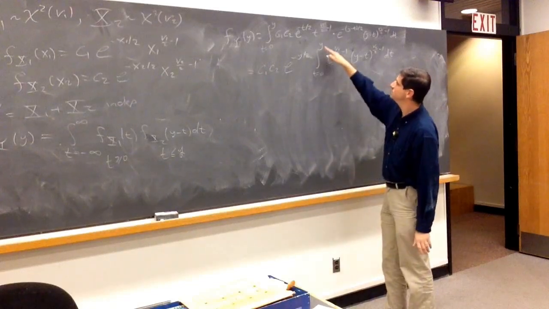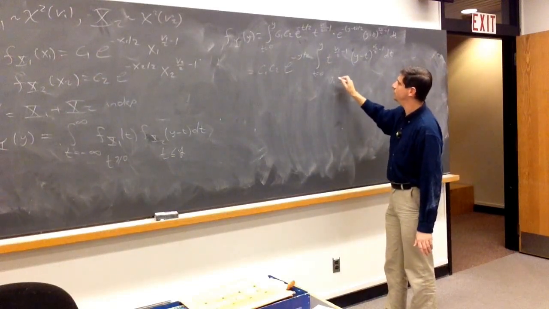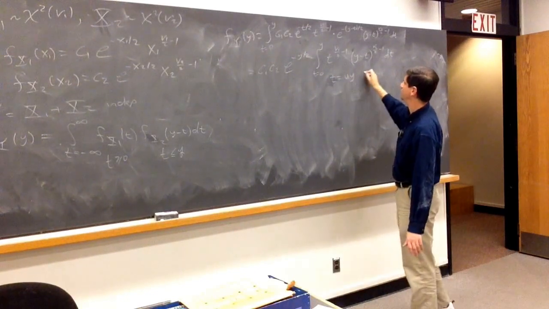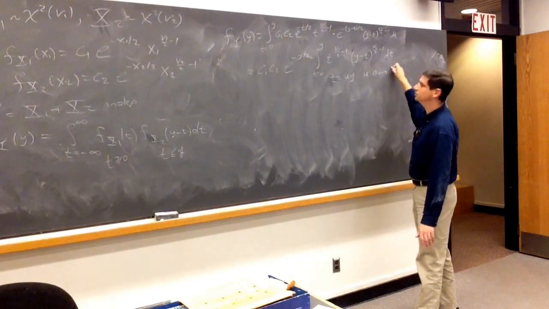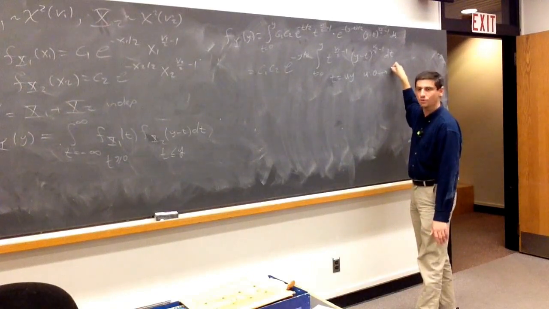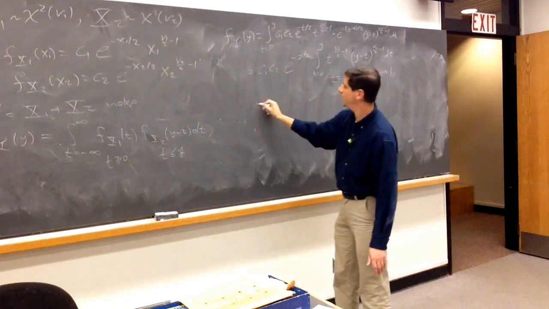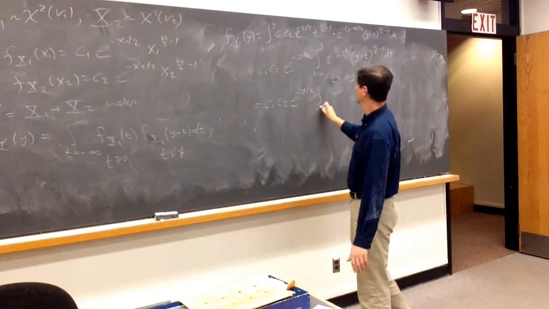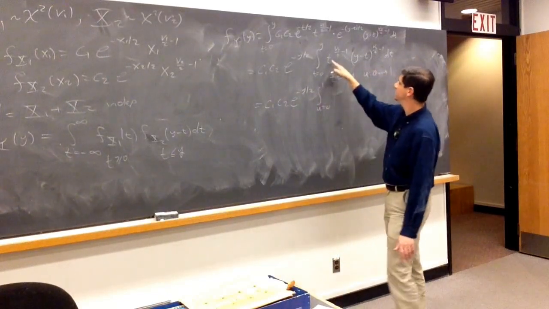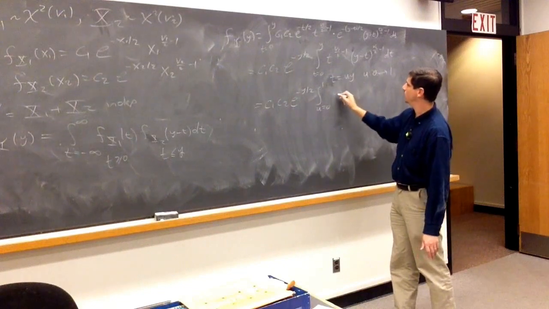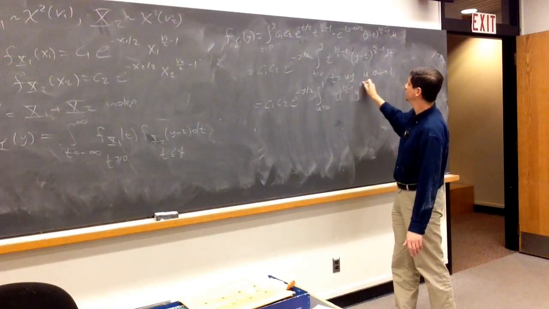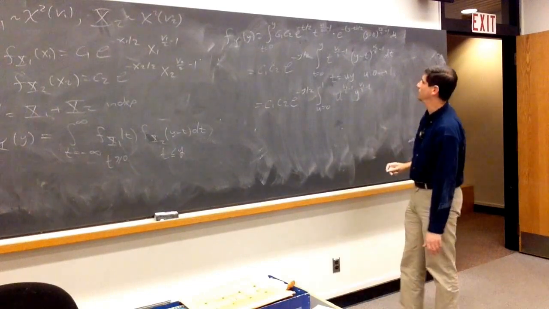So t goes from 0 to y. Let's have a new variable. Let's let t equal u times y. u is going to go from 0 to 1. So this integral now is c1 c2 e to the negative y over 2, u goes from 0 to 1. t becomes uy, so we'll have a u to the ν1 over 2 minus 1, a y to the ν1 over 2 minus 1.